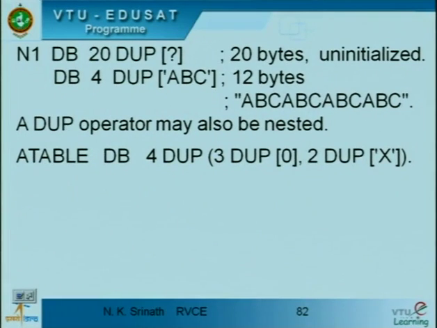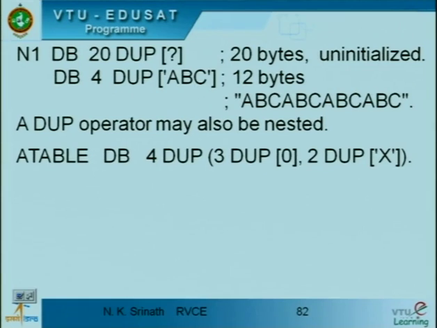For example, you have to put characters like ABC 4 times. So 4 3s are 12 bytes to be used, because in this particular case A takes 1 byte, B takes 1 byte and C takes 1 byte, because it is going to store it as an ASCII value, and we have 3 bytes, and it says you duplicate it 4 times.